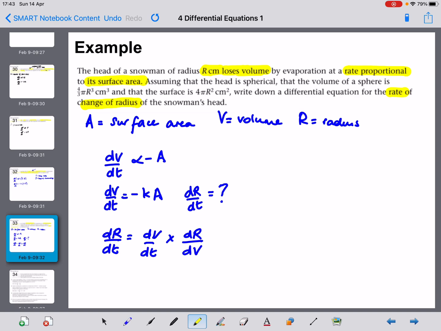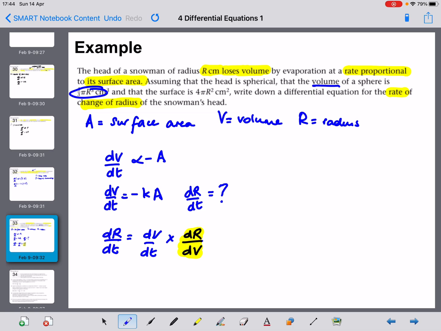So that bit there is the bit that connects them together. So to use dr by dV, we need something for the volume in terms of the radius. Well, we've got that.